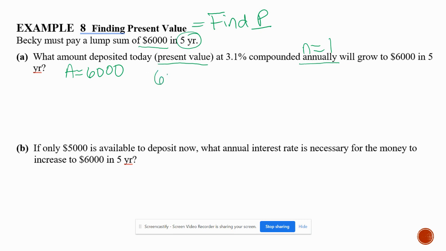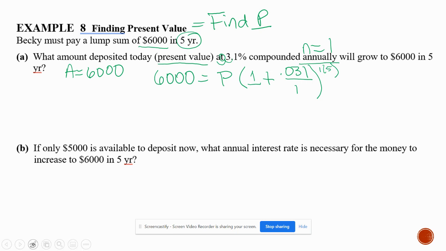Well, that means we have 6,000 is equal to P times 1 plus our rate, 0.031, over N, which is 1, to the 1 times 5 power, because she has 5 years to do it.